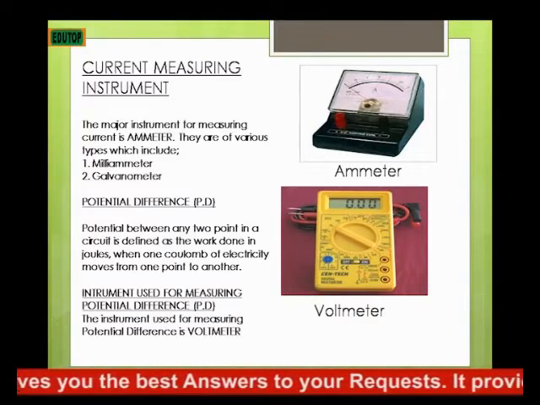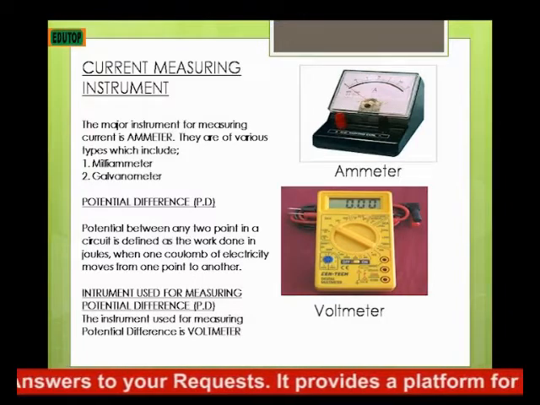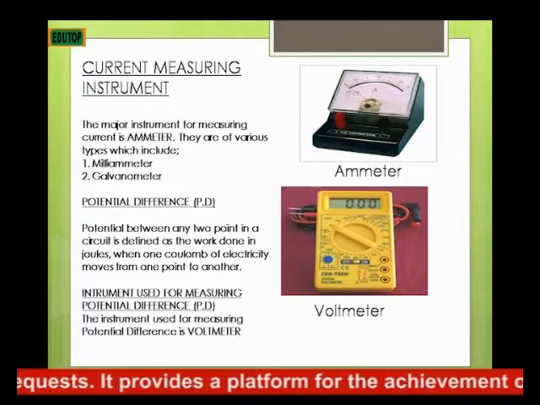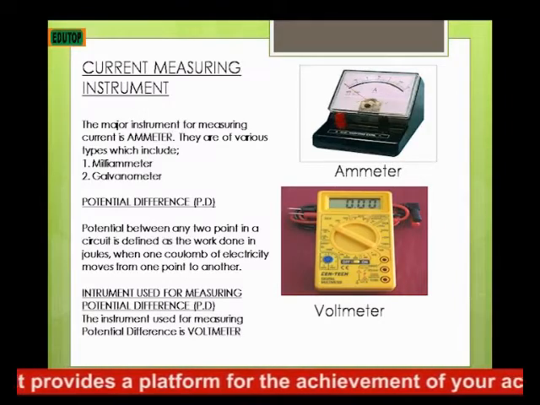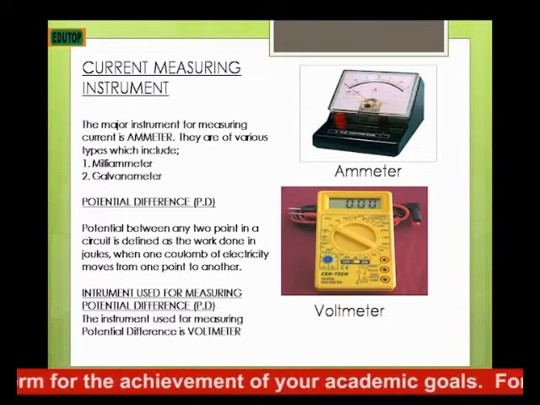Let's proceed to potential difference. What is potential difference? Potential difference at any point in a circuit is defined as the work done in joules when one coulomb of electric charge moves from one point to another.